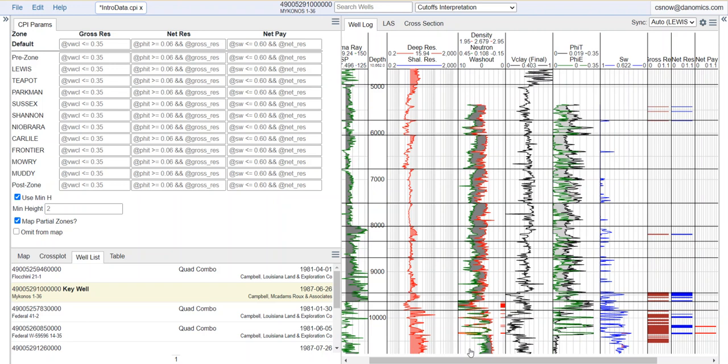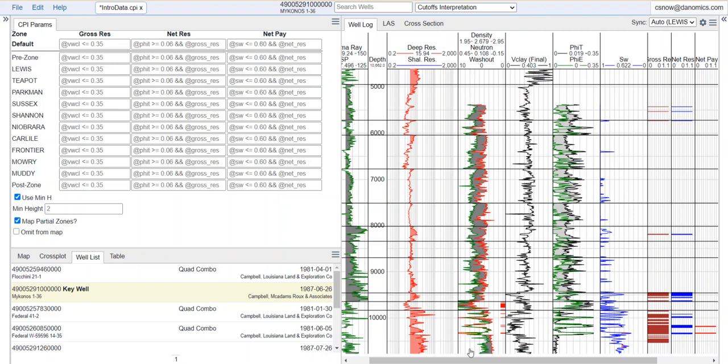Is it a sand? Is it a shale? Is it a limestone? Is it an organic shale versus a gray shale? So it's a really rudimentary cutoff for that gross reservoir cutoff. Typically, that's something we'll do just using our clay volume.